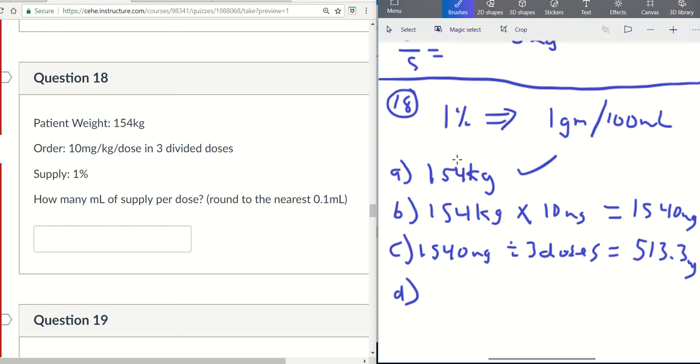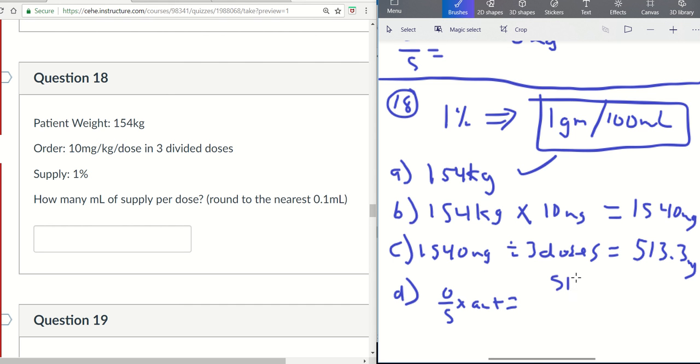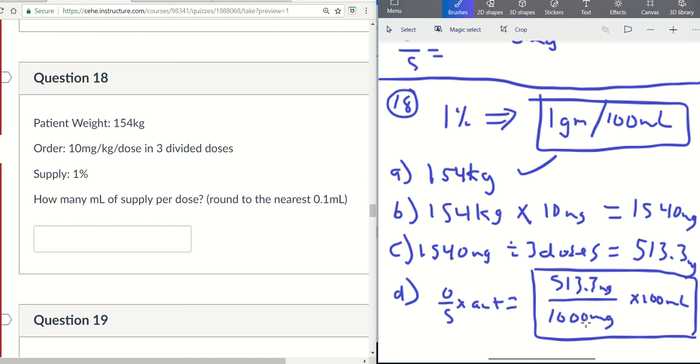All right, order is 1%. We already figured it out here. So we're going to do order over supply times the amount, or order as found in step C, 513.3 milligrams. Our supply is up here, 1 gram, which is 1,000 milligrams per 100 mLs. So you would need how many mLs?